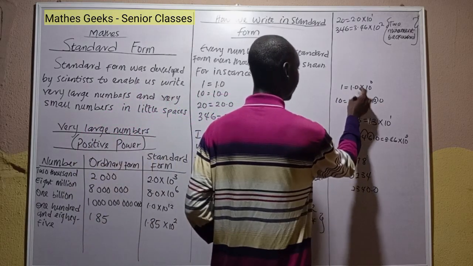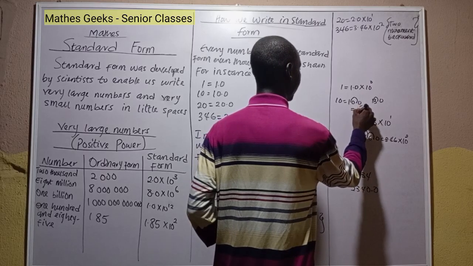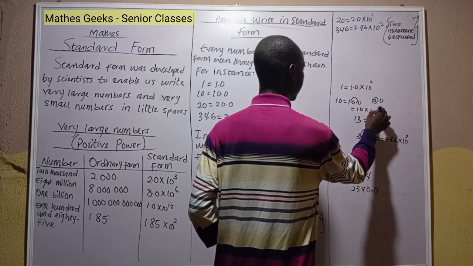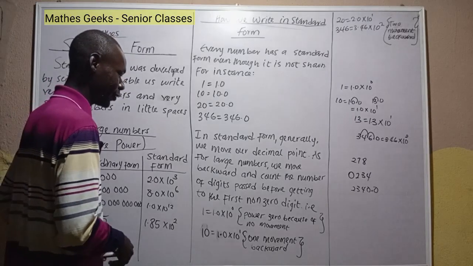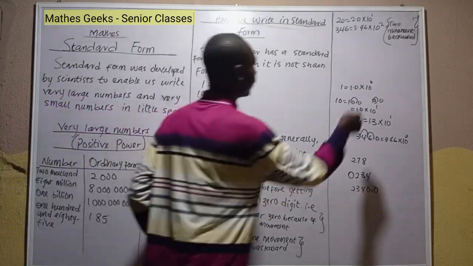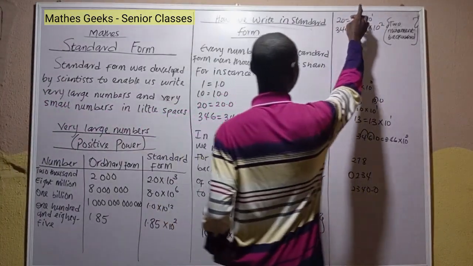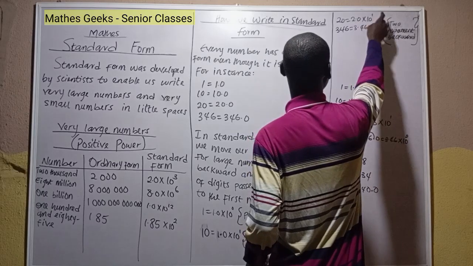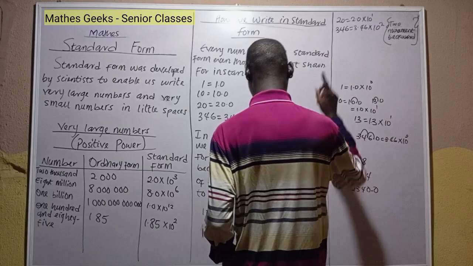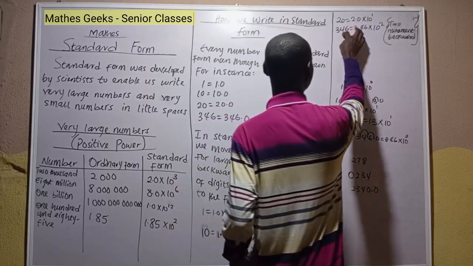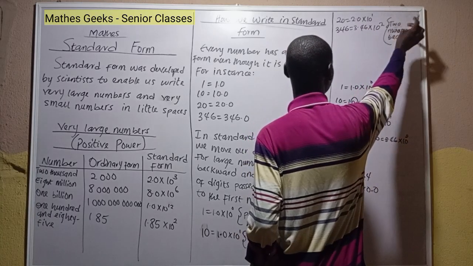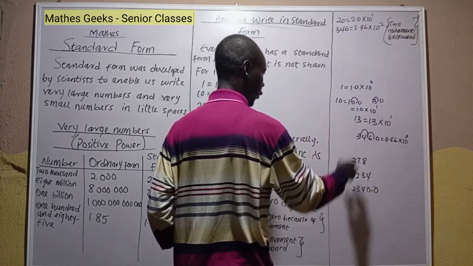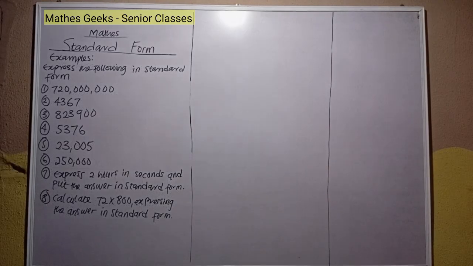That's the way we get these figures. Look at this, 20 gives 2.0 times 10 raised to 1, same one movement. Then 346 is 3.46 times 10 raised to 2, two movements backward. That was what I explained here.